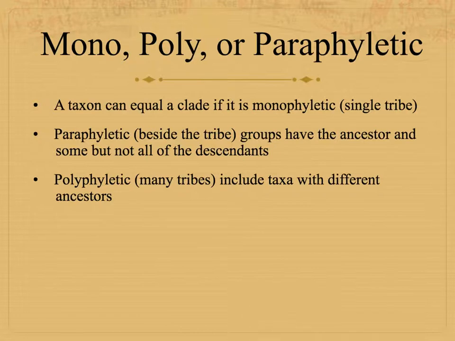Okay, it can be paraphyletic, which means beside the tribe, where it has the ancestor and some, but not quite all of its descendants, and we'll look at an example of this in a second. Or it can be polyphyletic, which means many tribes, and it includes taxa with different ancestors. So let's take a look at each one of those.